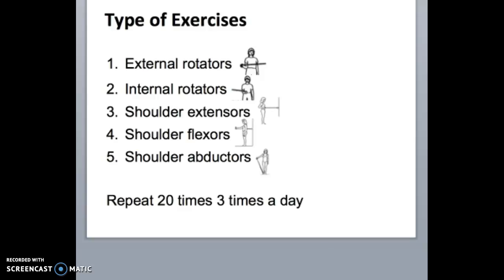The types of exercises that can achieve this are external rotators, internal rotators, shoulder flexors, and shoulder abductors. You would have to repeat this 20 times, 3 times a day, and hold for 3 to 5 seconds for these exercises to be effective.